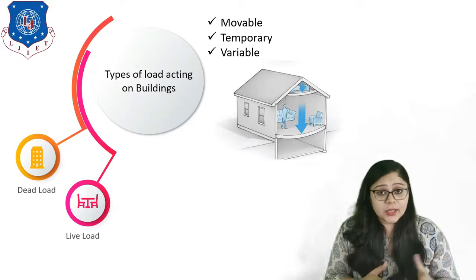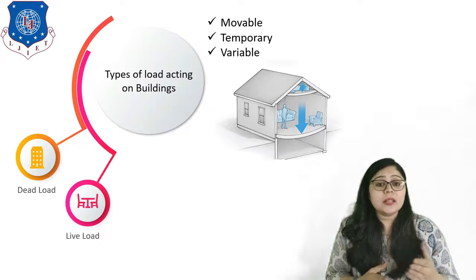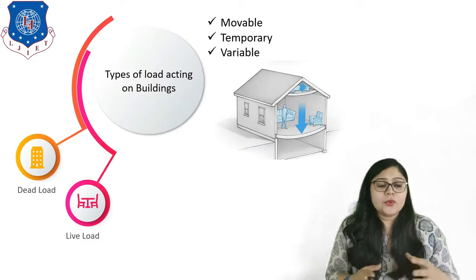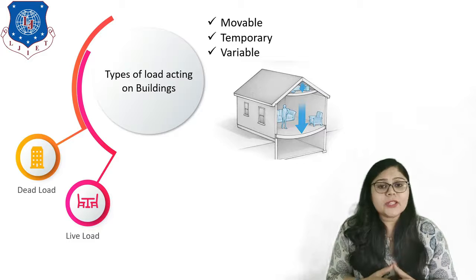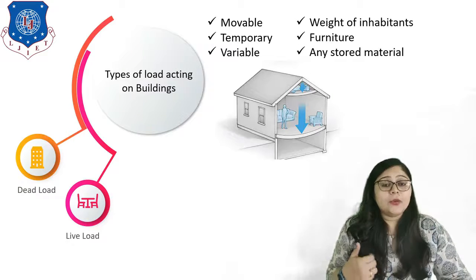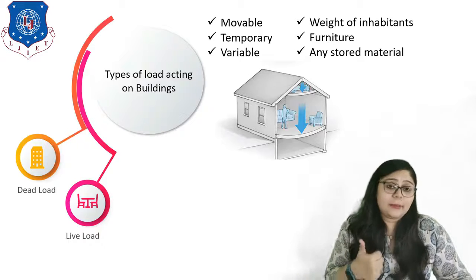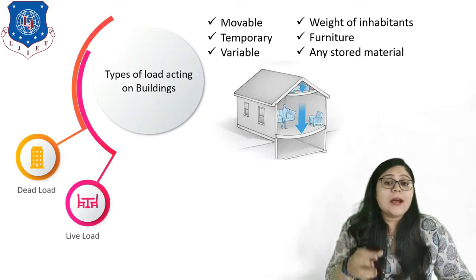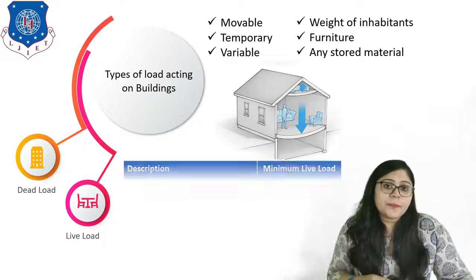Even the furniture is also considered live load because it is movable, and sometimes we can add and remove that furniture as per the requirement. So the weight of inhabitants, residents, furniture or any stored materials are the live load, right?